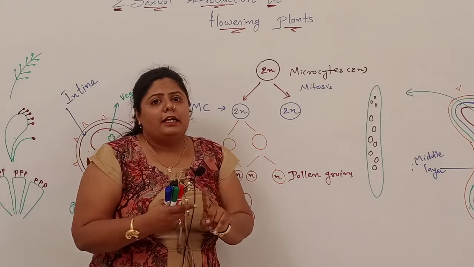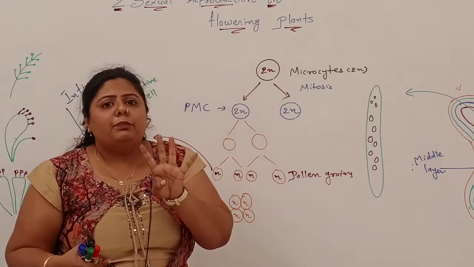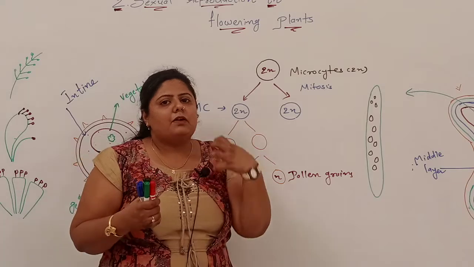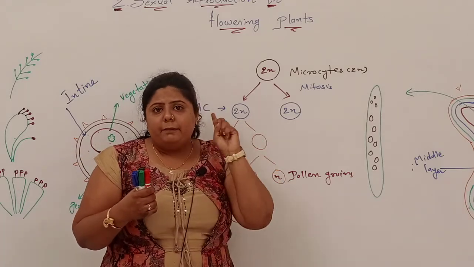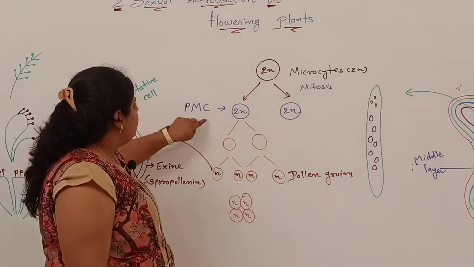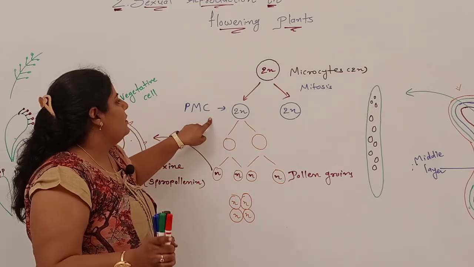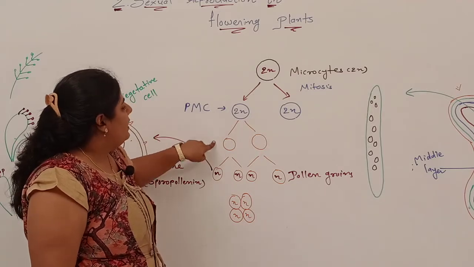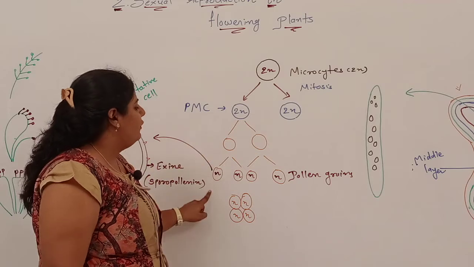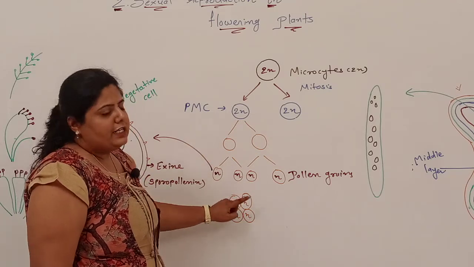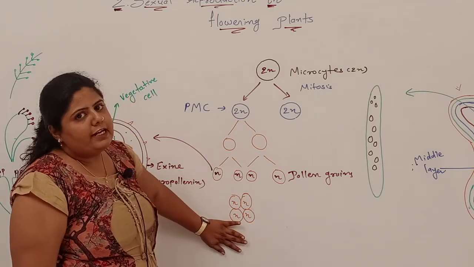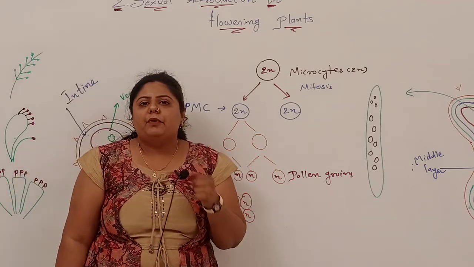Each mother cell gives rise to 4 pollen grains. That's why thousands of pollen grains are present in one anther. This pollen mother cell undergoes meiotic division. So first 2 cells are formed, then 4. This is called a pollen tetrad and acts as an individual pollen.